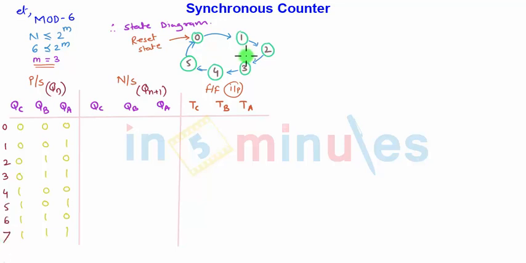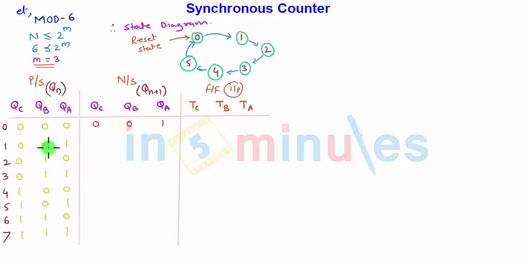Now according to our design, as stated in the state diagram, state 0 will go to state number 1. The decimal equivalents are nothing but the state numbers. So for present state 0, the next state is 1, and I write 0, 0, 1.